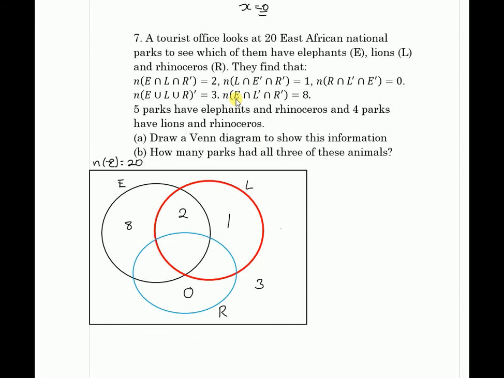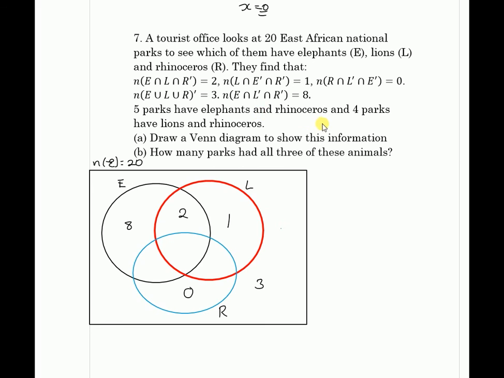It exists in E, and then the complement means outside L, so it also exists outside L, and also outside R, and that is it. This position here is outside L, also outside R, and it is inside E. That's what we have there for that particular one.